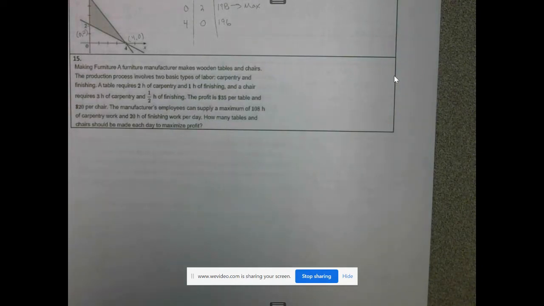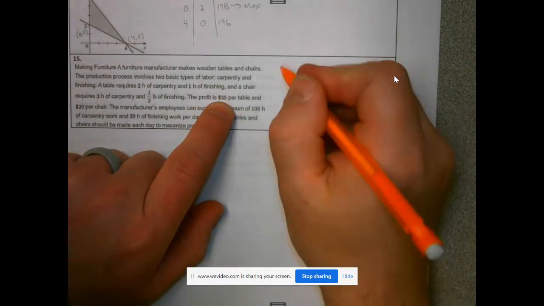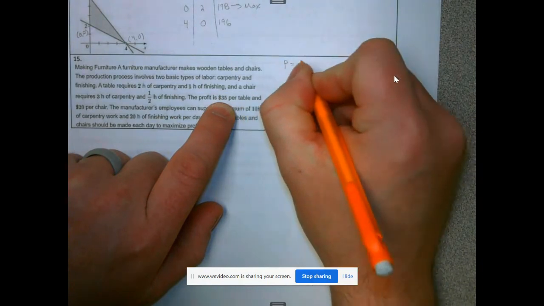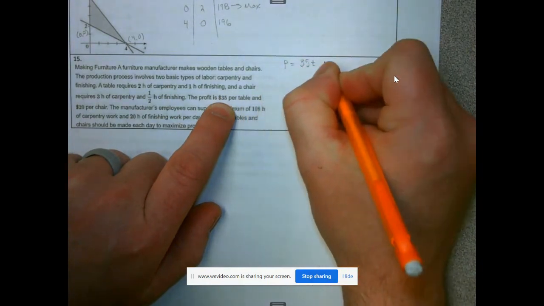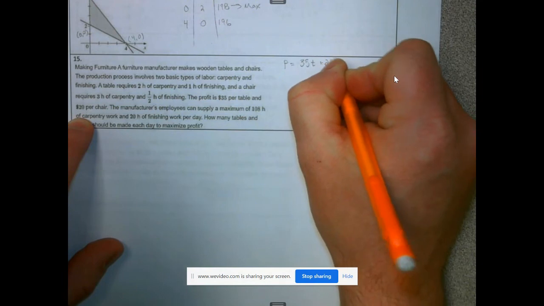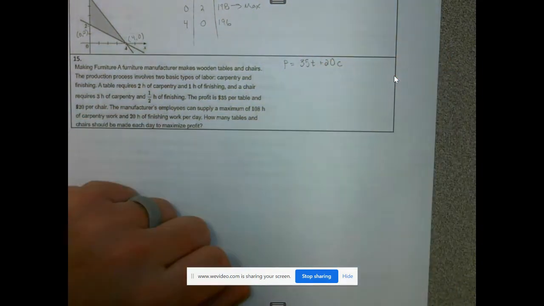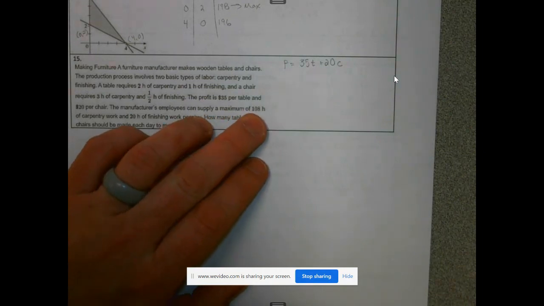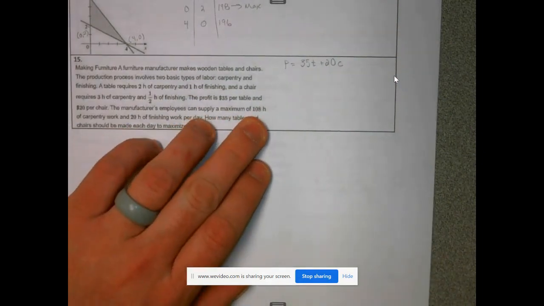The profit is 35. Okay, so here's our objective function. Profit equals 35 per table and $20 per chair. The manufacturer's employees can supply a maximum of 108 hours of carpentry.